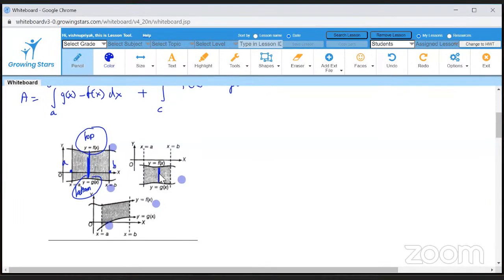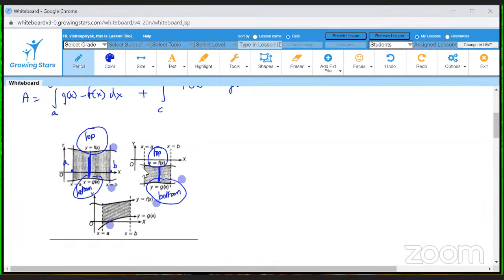Here also, draw a line. Top of the line is f of x, bottom curve is g of x.